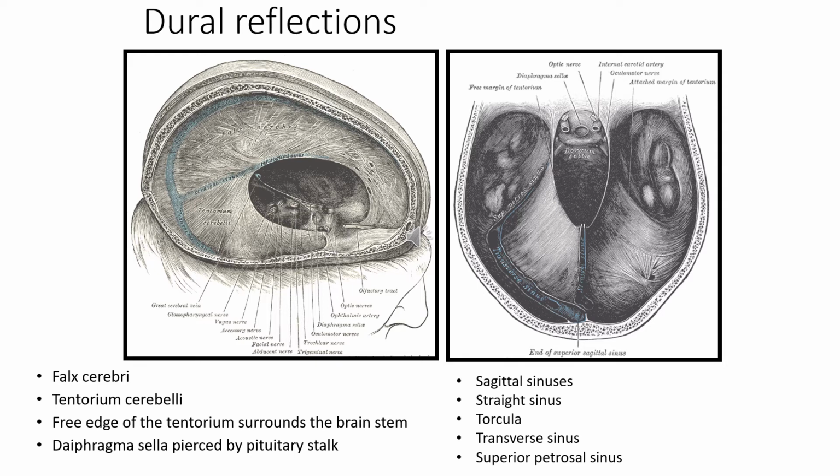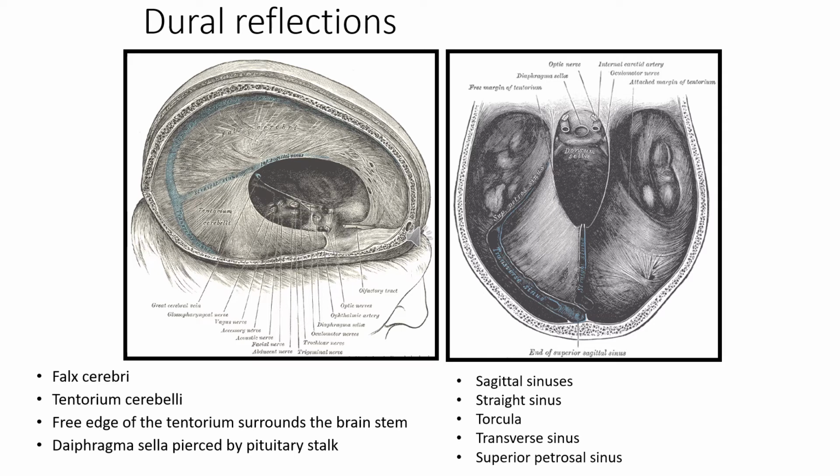So this is a reflection of dura extending from the lateral aspects of the posterior cranial fossa and then extending medially to insert into the posterior part of the falx. The free edge of the tentorium surrounds the brain stem. So on the right hand image we can see this as a lentiform space.